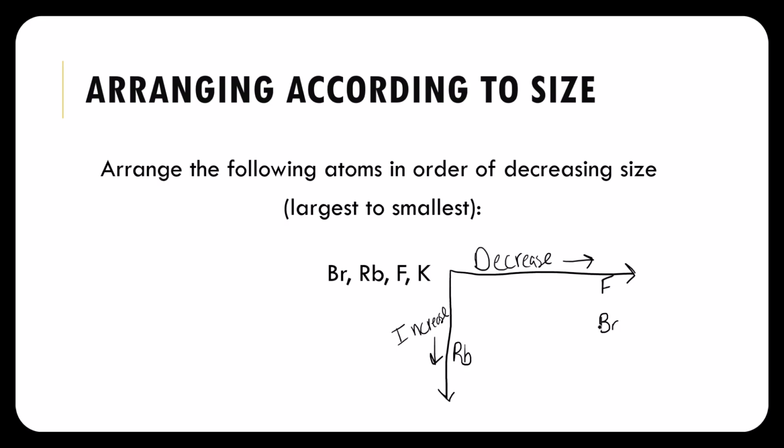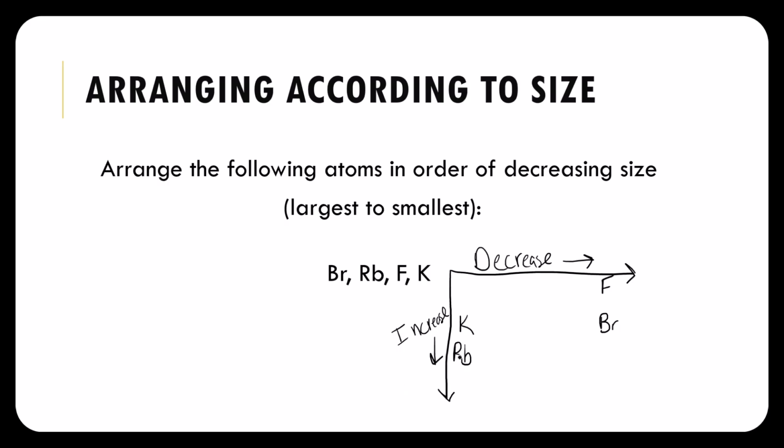And then potassium is back to the left, and it is right above rubidium in the same line as bromine. So now to rank these, I'm just going to compare them to the atoms that they're near. I'm not going to try to compare all four of them at once. I'm going to break this down and make it a little bit easier, smaller chunks.